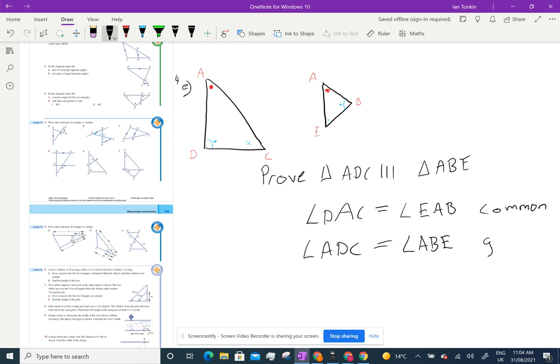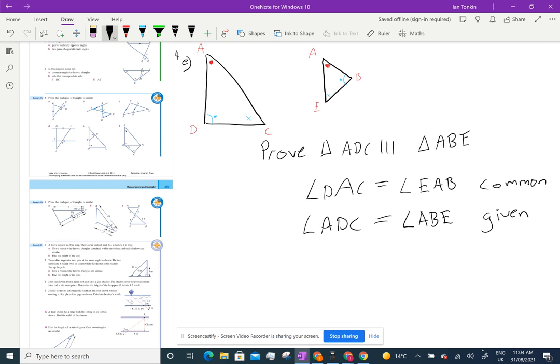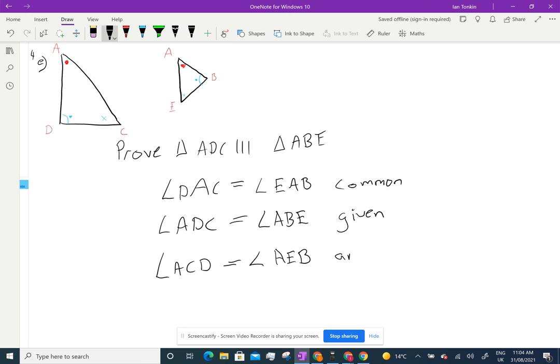Why? Well, that was given, it was part of the information, and therefore, finally, angle ACD equals angle AEB. Why? Angle sum of a triangle, you could write as 180.